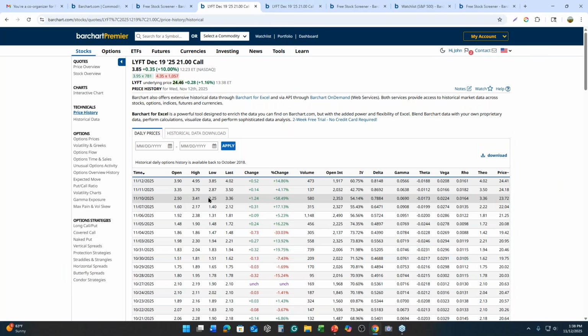It got as low as $2.25, but by the end of the day it finished at $3.36. Now, this is why we use options, because you can see that for today, LIFT is up only 1.2%, but the $21 call is up 10% over yesterday's price. So that's the leverage of options.